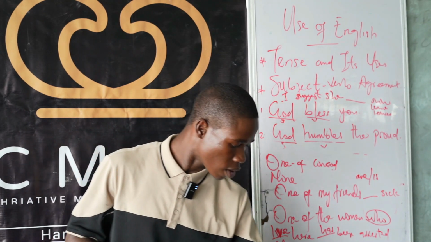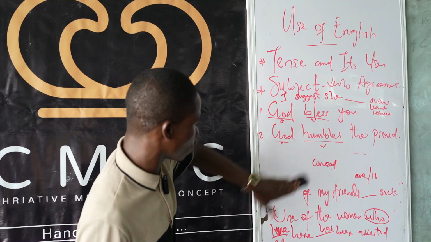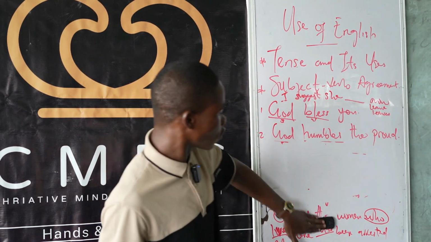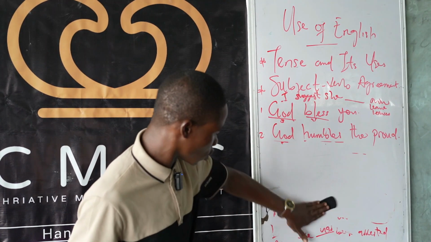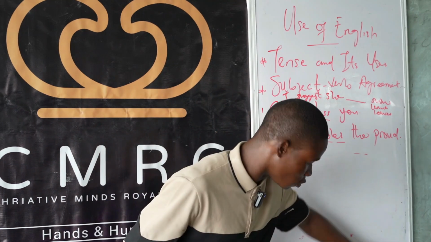Now, for proximity concord, there are some conjunctions, the correlative conjunctions, that help us obey this rule very well.